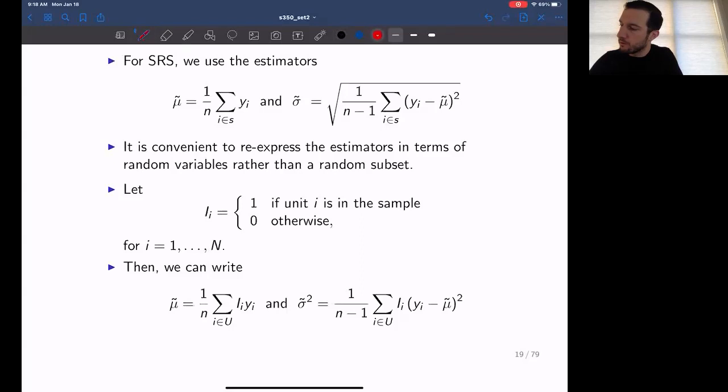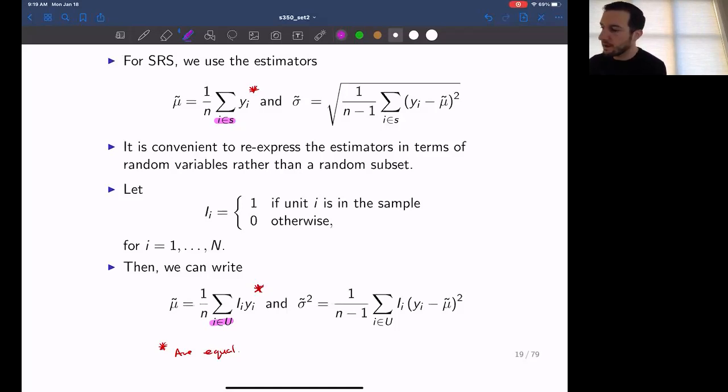So these two expressions here are equal. You'll notice that the only difference, and it's very subtle, is simply the subscript underneath the summation sign. In the first case, we have the sum across every observation in the sample, and in the second case, we have the sum across every observation in the frame.